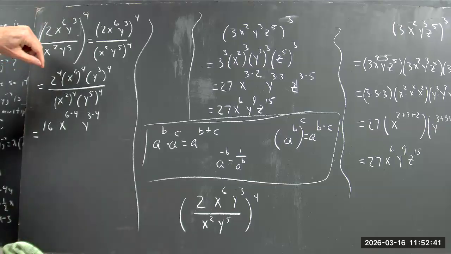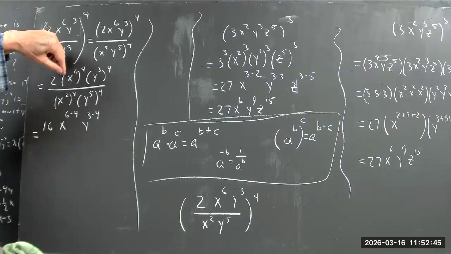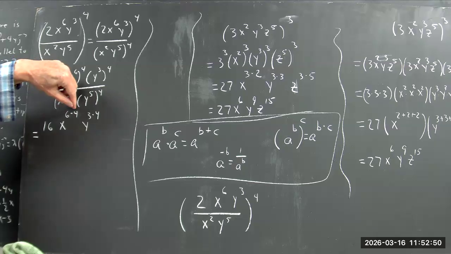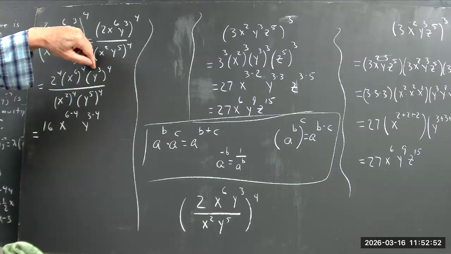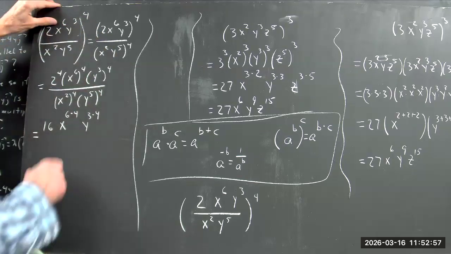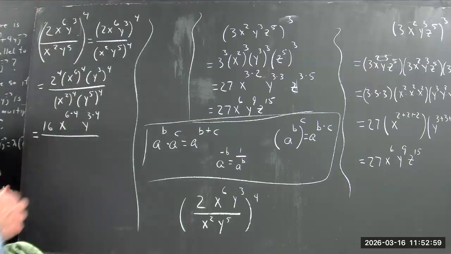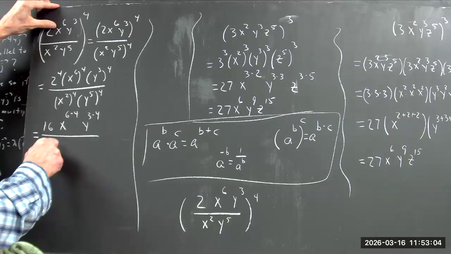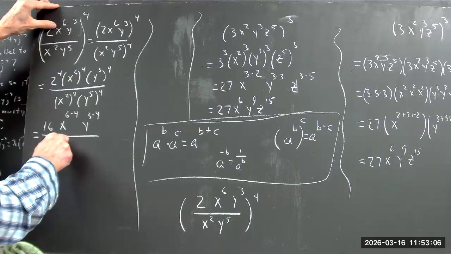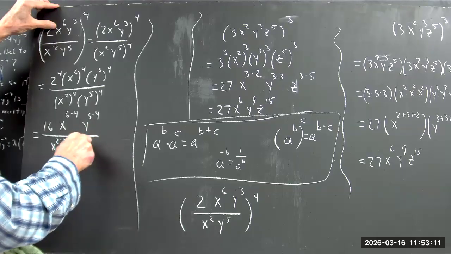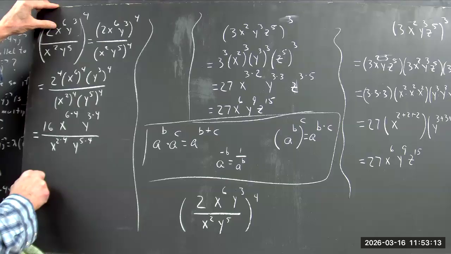So my numerator becomes 16, x to the 6 times 4, and y to the 3 times 4. My denominator is x squared to the fourth, y to the fifth to the fourth, which is going to be x to the 2 times 4, y to the 5 times 4.